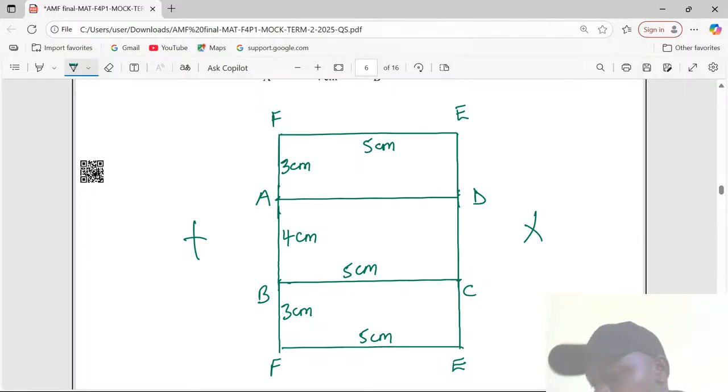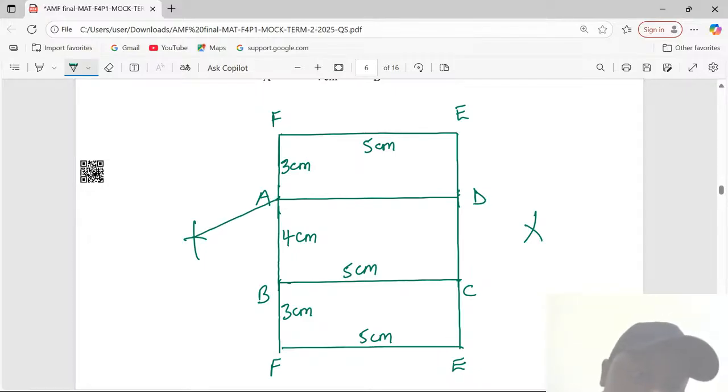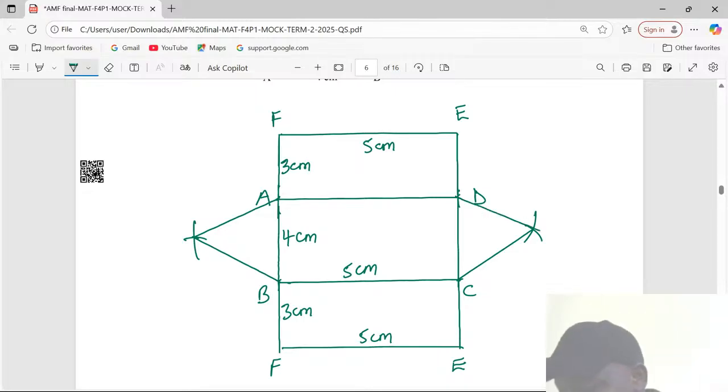Then I'll be able to draw the triangles very conveniently. This way, I connect P to B. Then I also connect this one to B, and also the other side to D that way.